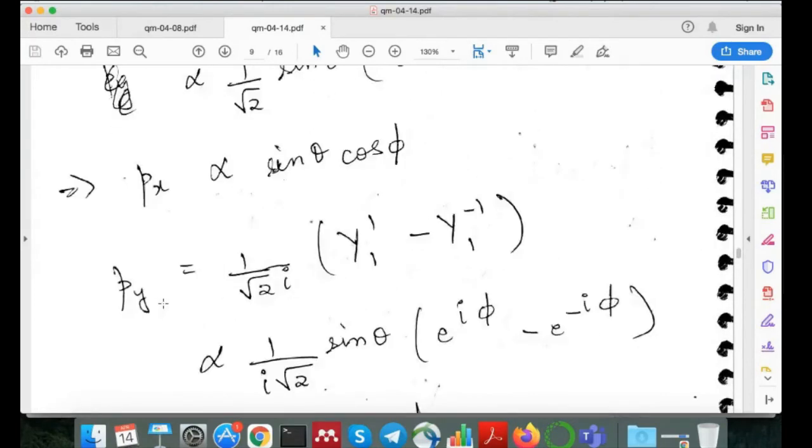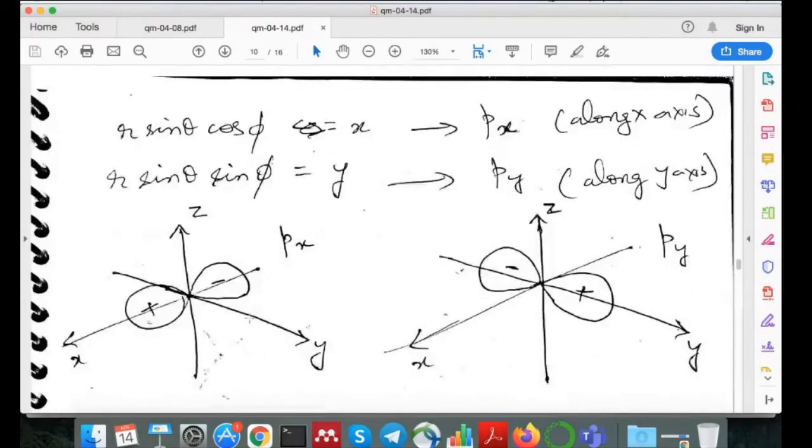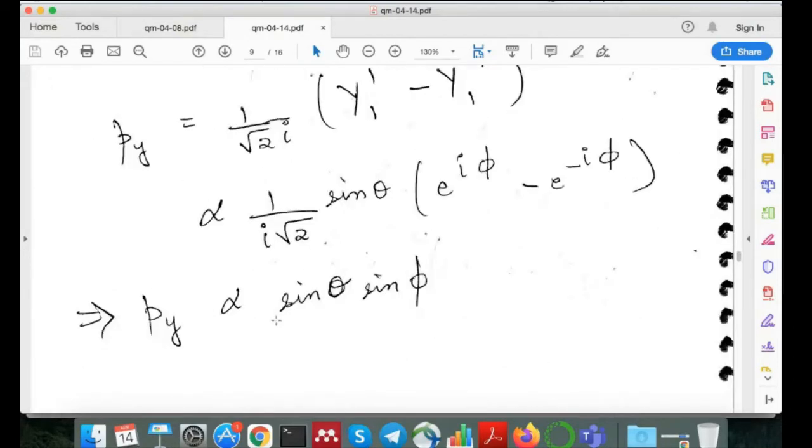This is px and this is your py orbital. Now you can just plot these. The px orbital will be along the x-axis, and the py orbital will be along the y-axis. Is this clear? This is why we write it as px, py, and this is why the orbitals look the way that they look.